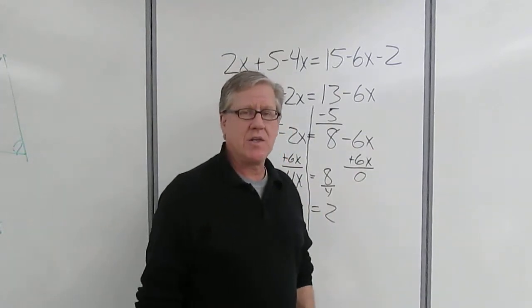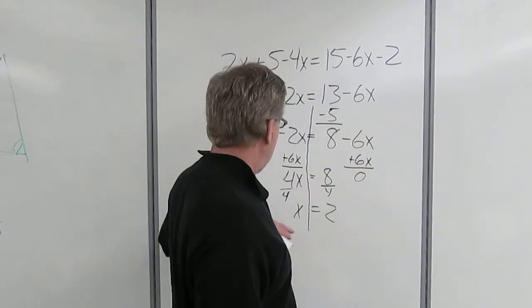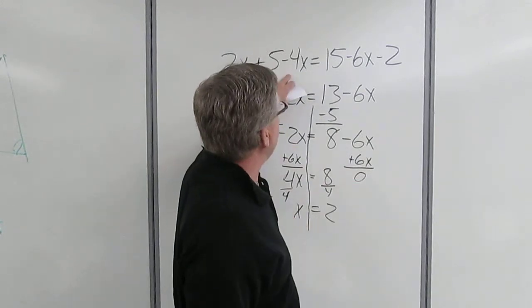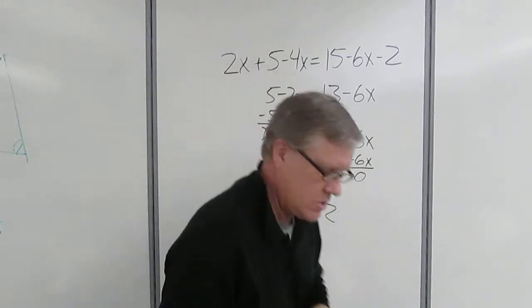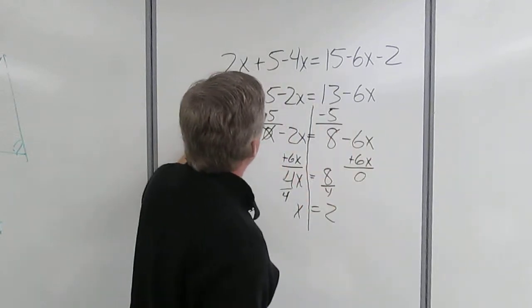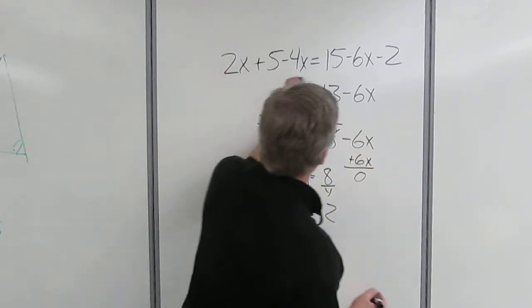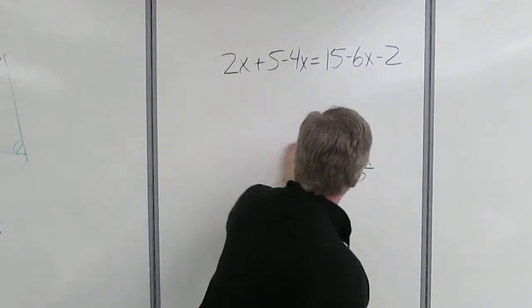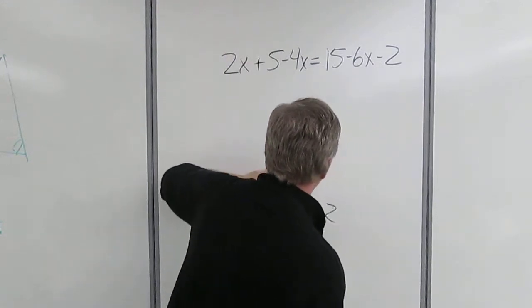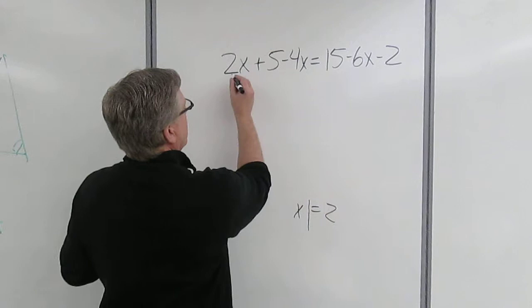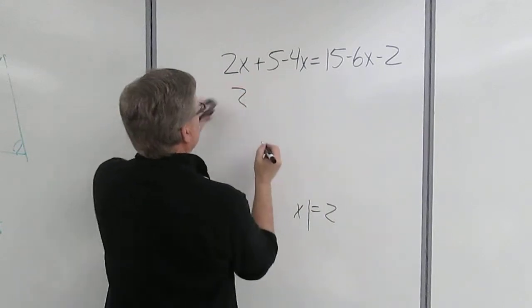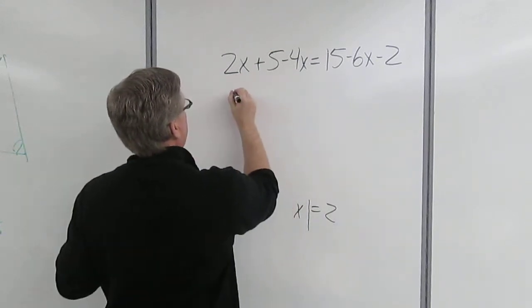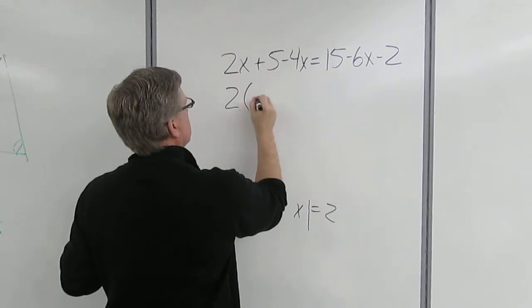Now just to check it out again, let's put 2 into our original equation. All right? So let me show you here. We'll go x equals 2. So we're going to have 2 times 2.